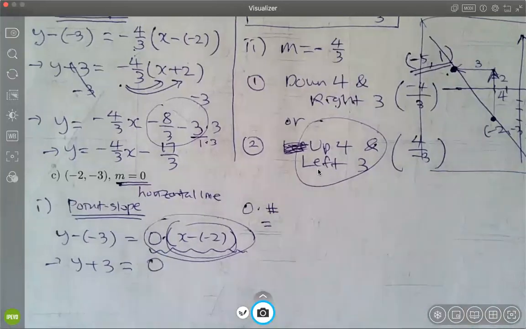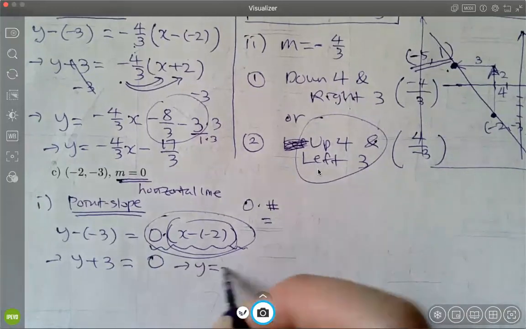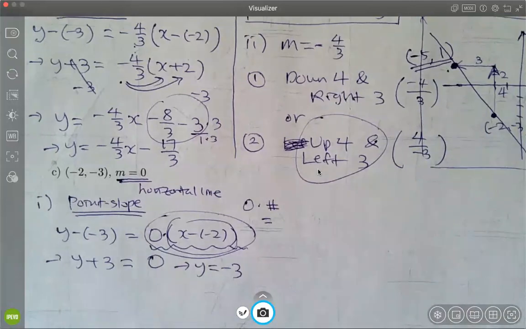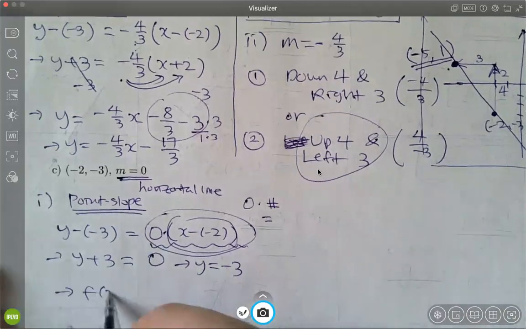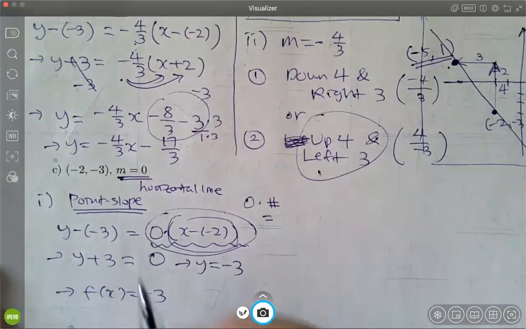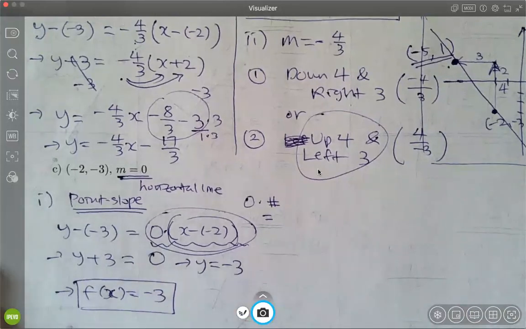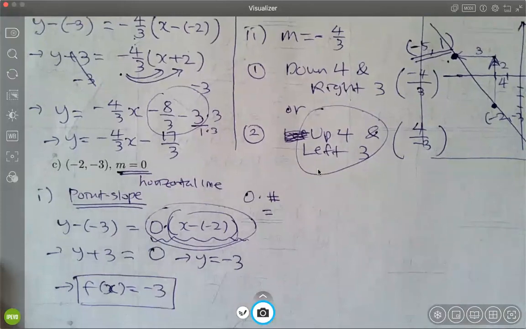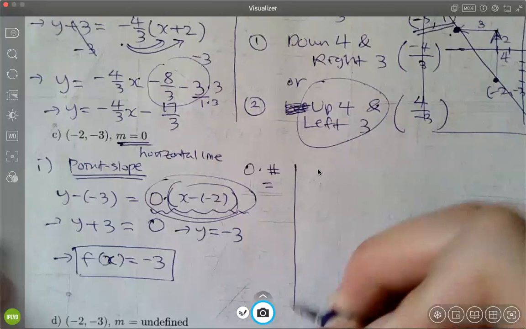Okay, so this whole thing is equal to 0. So y plus 3 is equal to 0. So what does that mean? y is equal to negative 3, right? Okay. And now replace y by f of x. So what do you get? f of x is equal to negative 3, right? Okay. So that's all. And now graph.